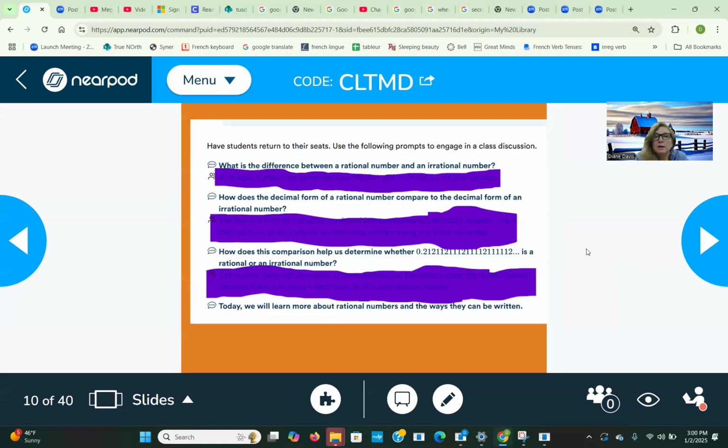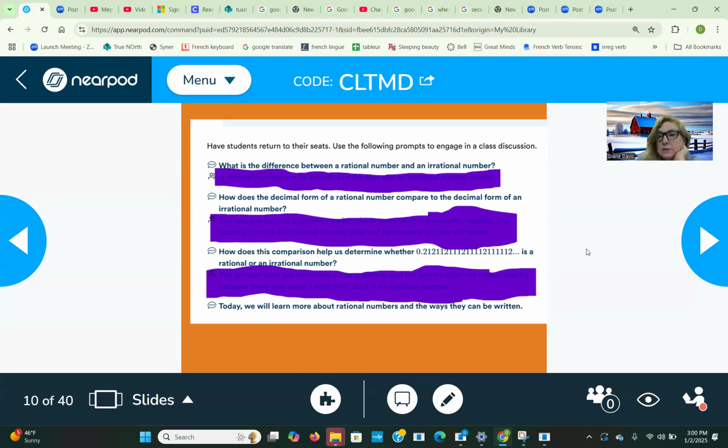All right. So now you're supposed to sit in your seats and use the following prompts to engage. I'm asking you questions. What is the difference between a rational number and an irrational number? And feel free to search the answer to your question, be that through your notes or through the world of information you have.